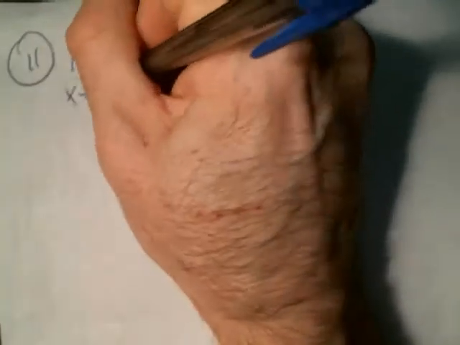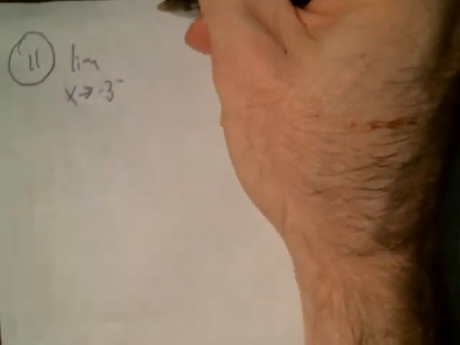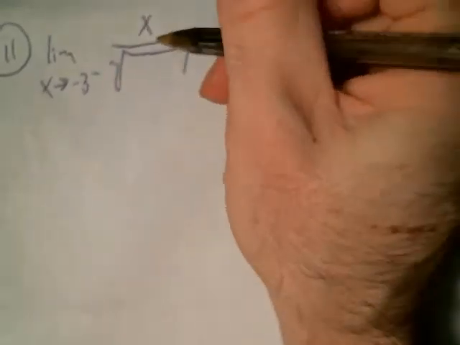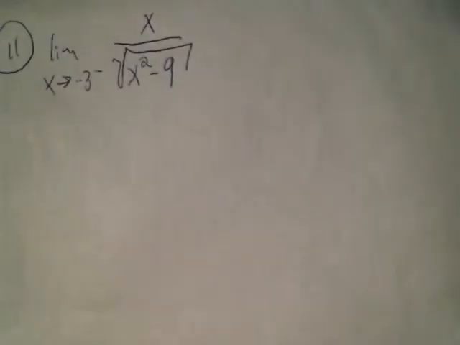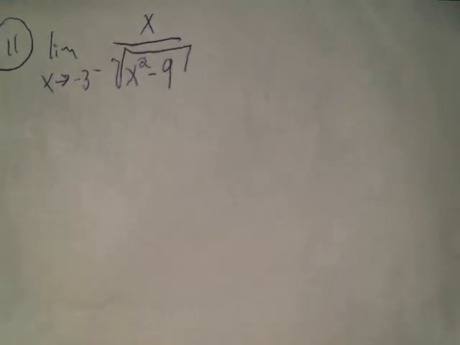So it's the limit as x approaches -3 from the left of x all over the square root of x squared minus 9. I'm just checking to make sure I got enough paper. I'm going to need more paper. Okay, hold on one second. Over here. Okay, we should be good now.